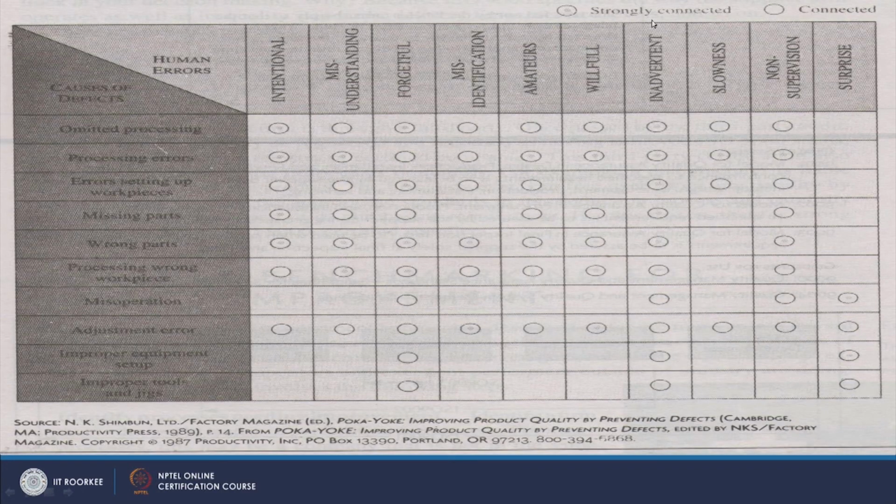So you can come up with strongly connected and connected circles, right. Let us say look at this, because of slowness, this is the cause, right. So this kind of chart can be prepared, and once you are done with this chart, you can know what the reasons for failures are.